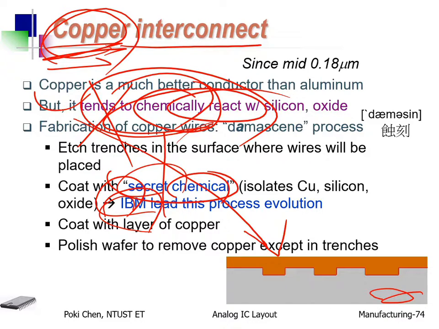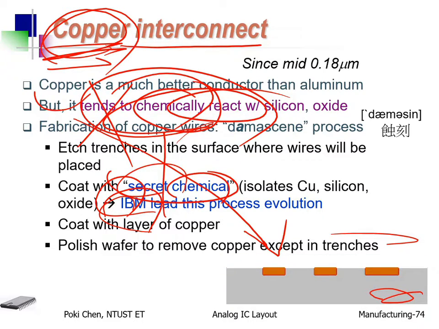So you can have photoresist above it, expose it to the light, blah blah blah blah. So finally, you can fabricate very good interconnects. That is the secret from IBM.